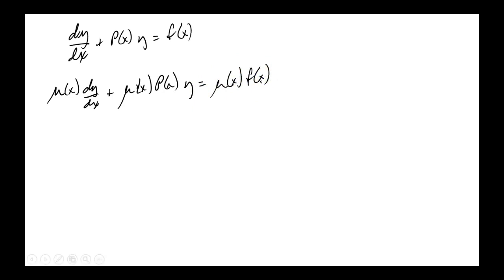Now, I'm going to start leaving off the of x's most of the time. What we want is for this left-hand side to be a derivative of a product, and that product is going to be mu of x times y.